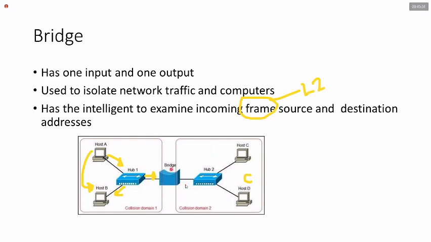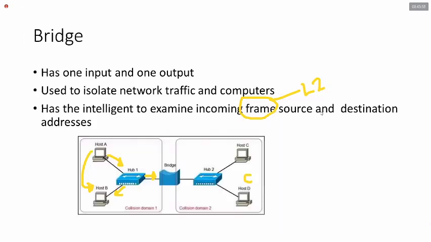The bridge basically has an idea which devices are connected on which side of the network, so it will not unnecessarily copy the data to the other side like the hub does. So the bridge has the capability of sending and stopping unwanted data going to the other side.